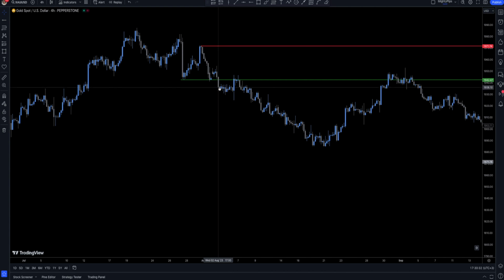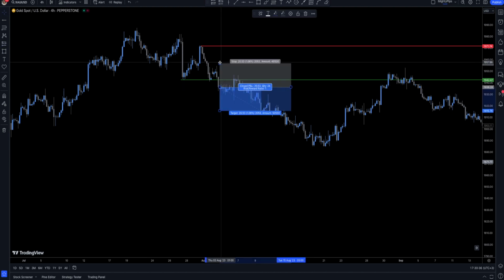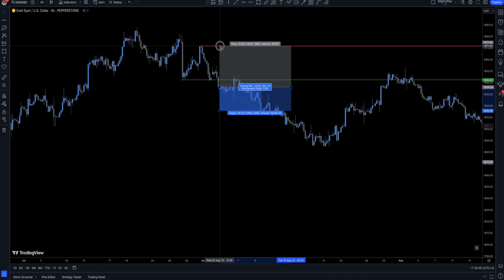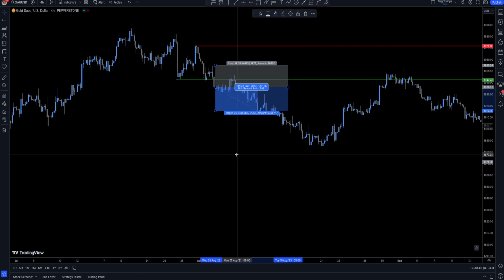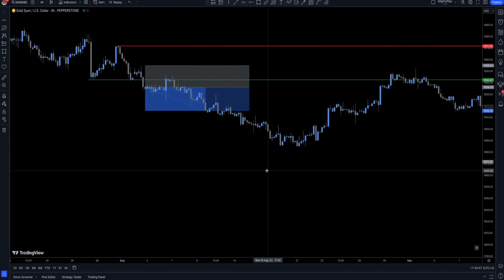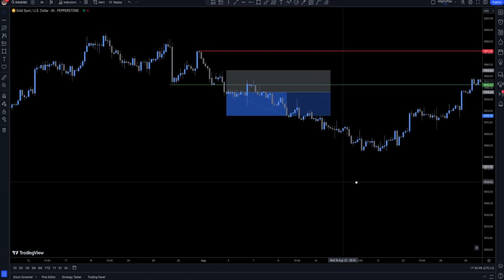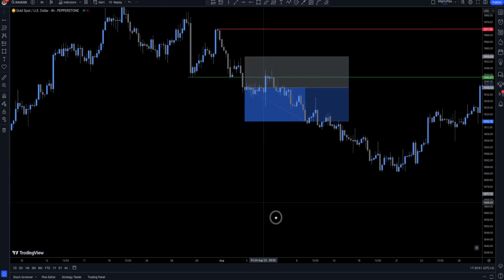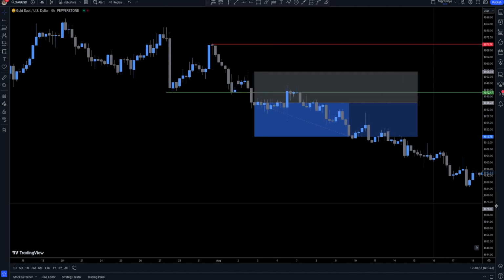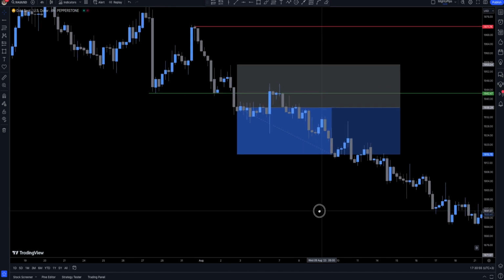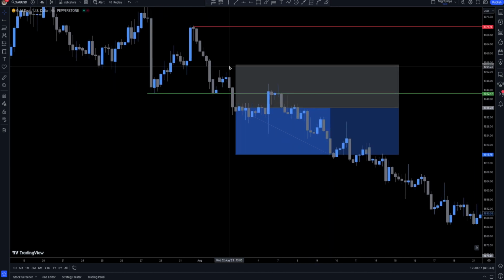When price breaks out here like this, take a short trade, and you can put your stop loss here at this red line, or at the previous high, which is this area here. I don't know if you can see clearly, let me make this bigger. You see this high, this candle, this is a retracement high.